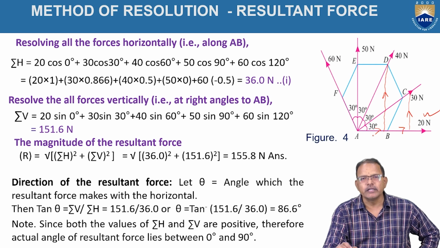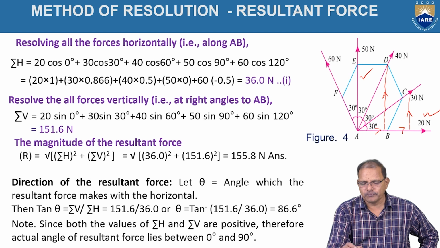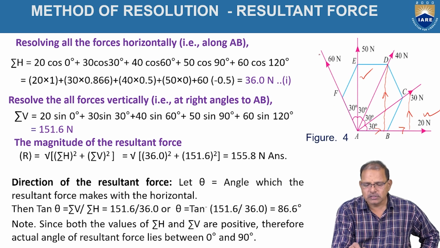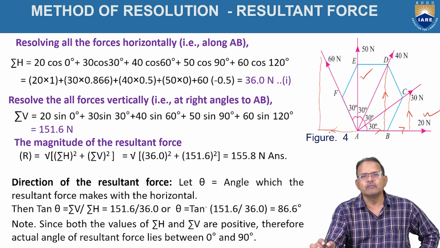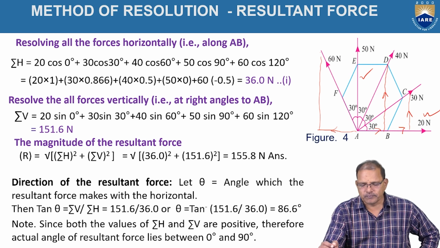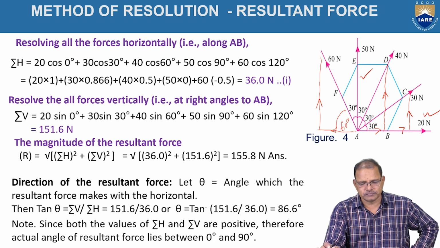Again, it is acting in the upward direction, so it is treated as positive. Similarly, the fifth force now, 60 newtons, is acting at an angle of 120 degrees with the horizontal. When you resolve the force, it has components like this. That is, the horizontal component is moving toward the left side and the vertical component is in the upward direction. So this inclination now becomes equal to 60 degrees and so on.